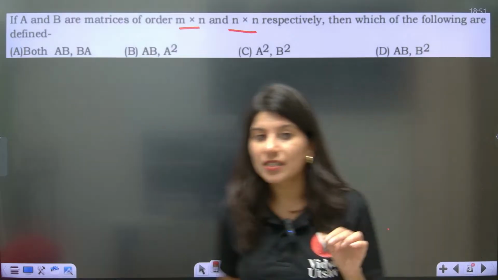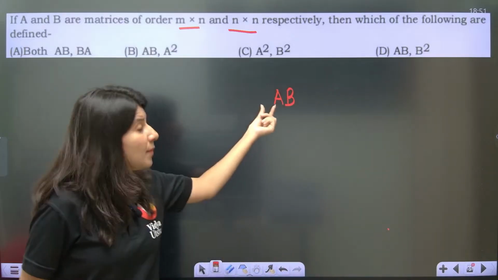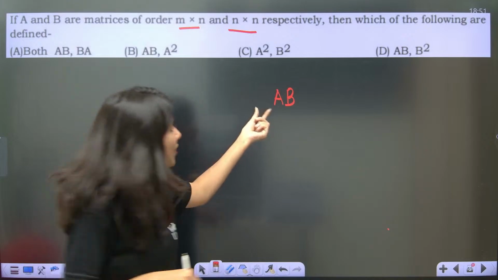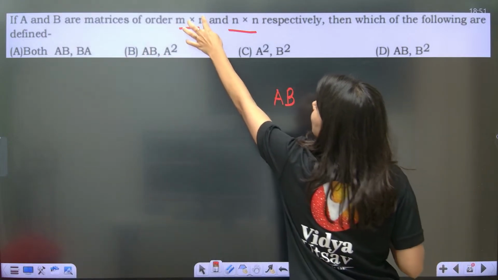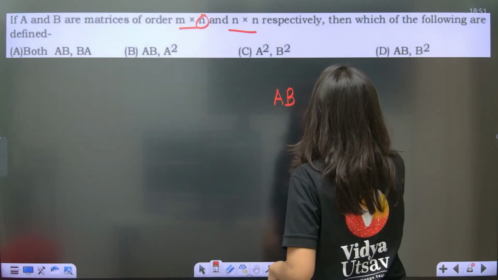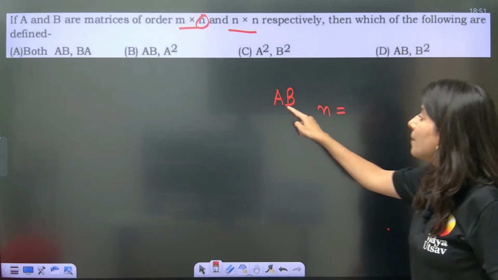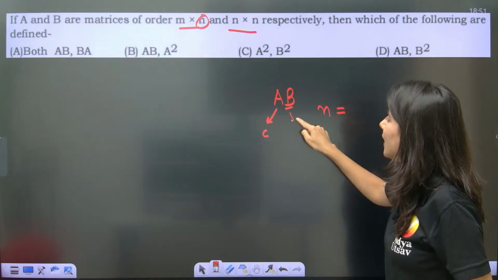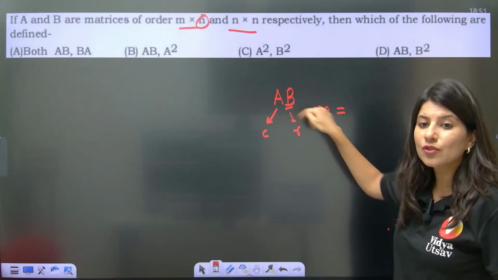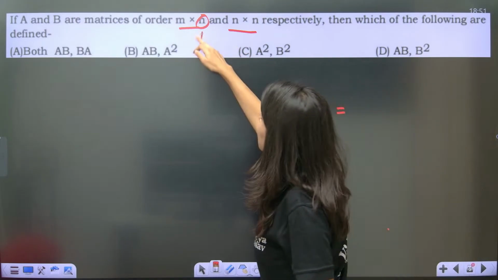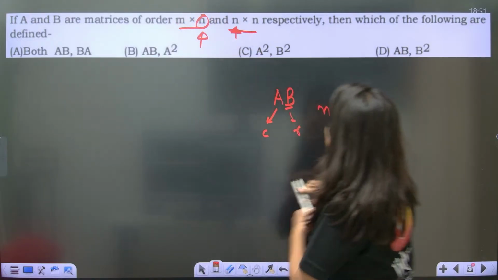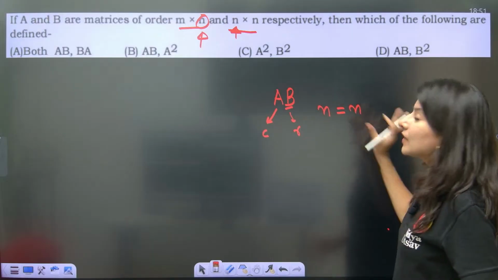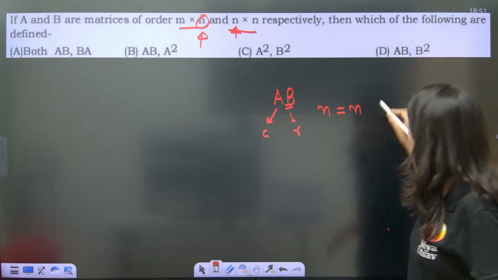AB is possible where the number of columns of the first matrix, what is the number of columns of the first matrix, ma'am? N. It should be equal to the number of rows of the second matrix, which is n. So that means yes, definitely AB is allowed.